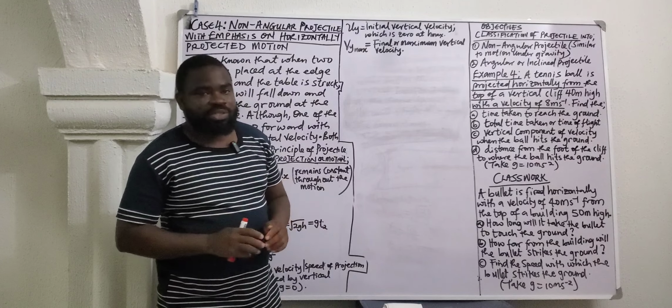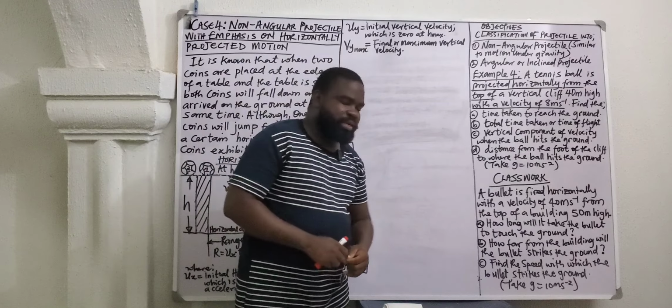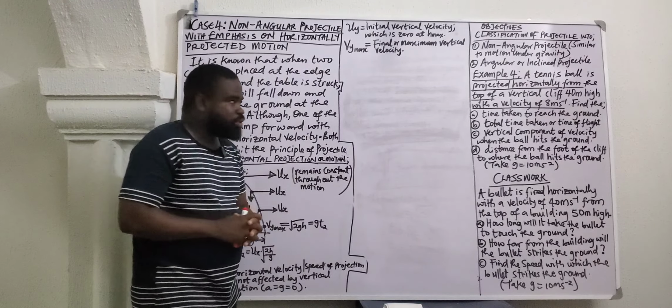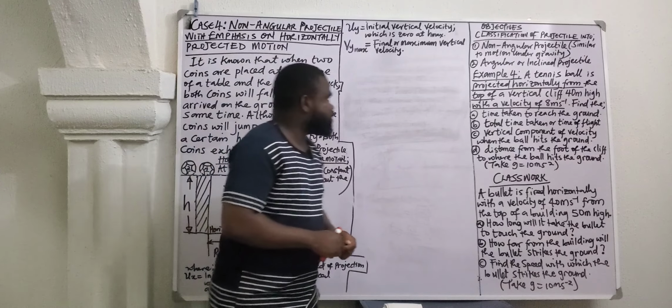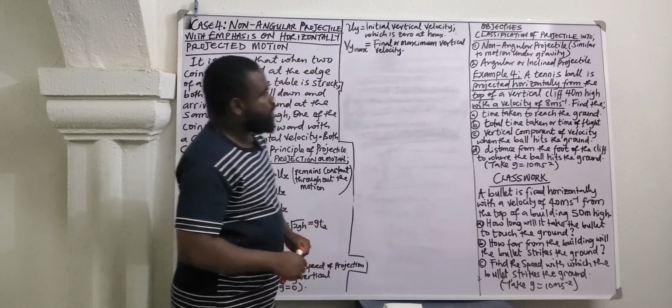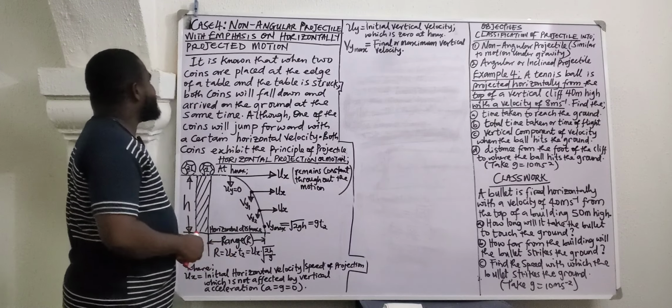Like I told you in the previous class, there's a connection between motion under gravity and projectile motion. So we'll look at that connection in today's class. Then in our next class, we'll look at angular or inclined projection.